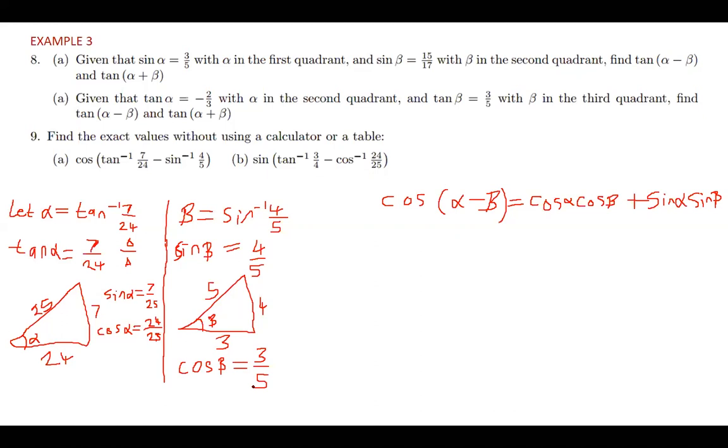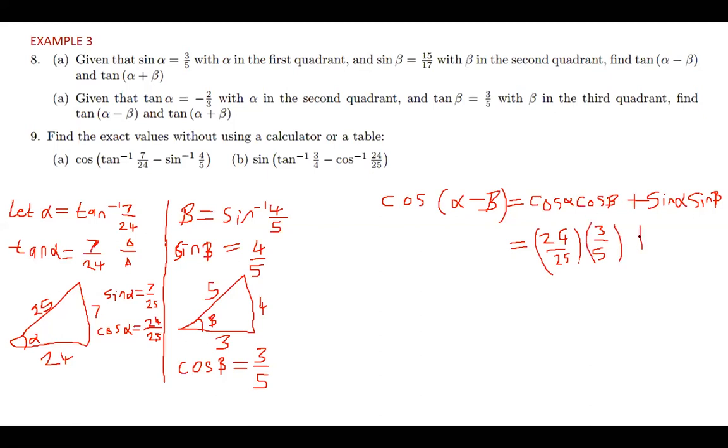So now what we are remaining with is replacing these values in this equation. Our cos alpha there is 24 over 25. You write it there. And then cos beta is nothing but 3 over 5. You write it like that.